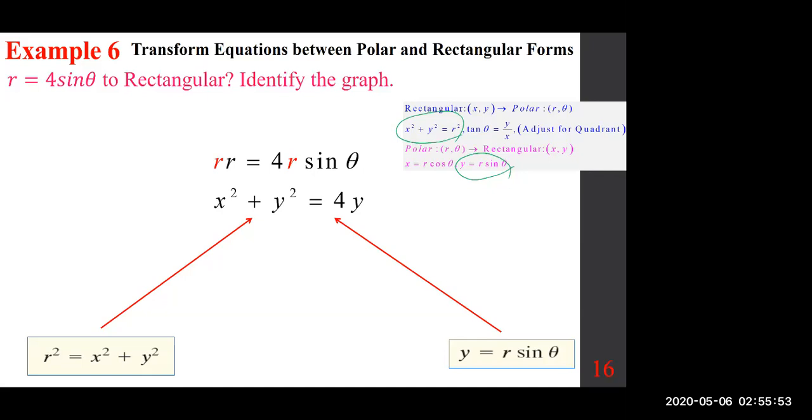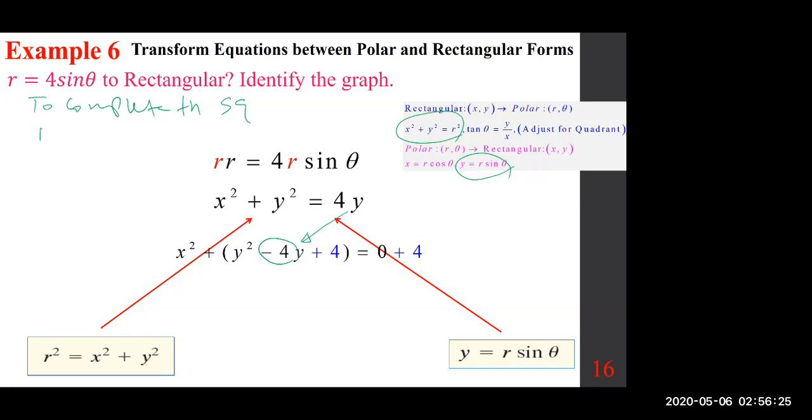You bring the 4y to the left, you put it together with y squared, and you try to complete the square. I hope you remember this one. So when you bring the 4y to the left, it becomes negative. And then here's your b, remember, to complete the square.